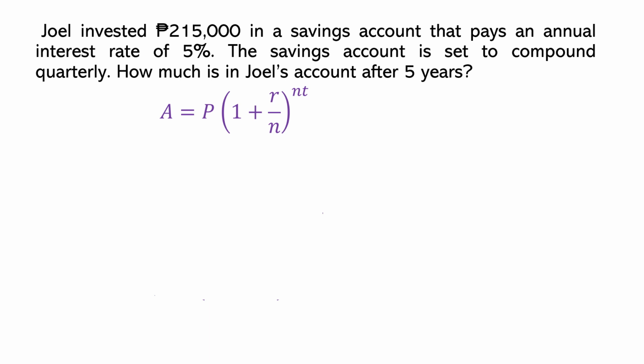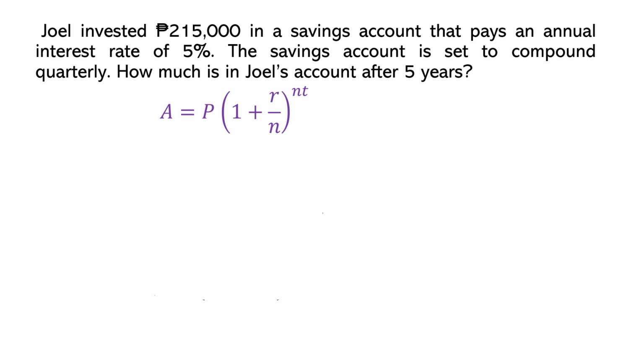So we name it A equals, and A, or the amount, the end amount, or the final amount, is computed in this formula: P, which is the principal amount, the one invested, times 1 plus R, the rate, over N, the number of times it is being compounded.